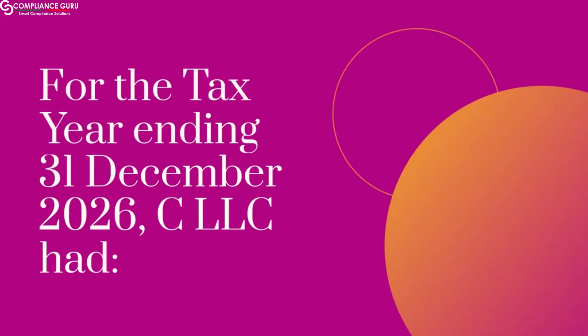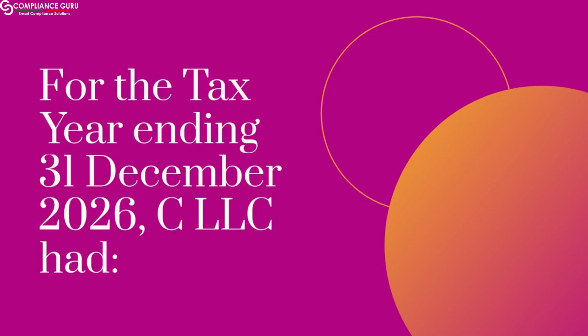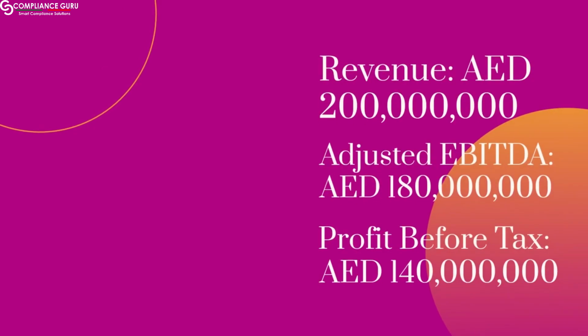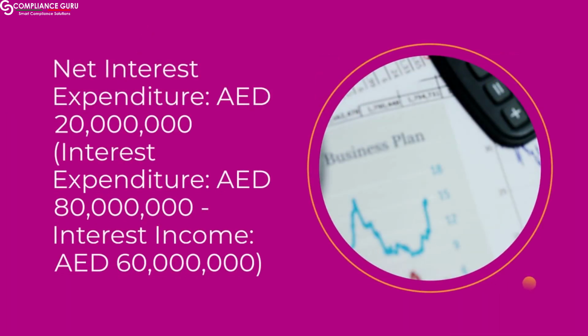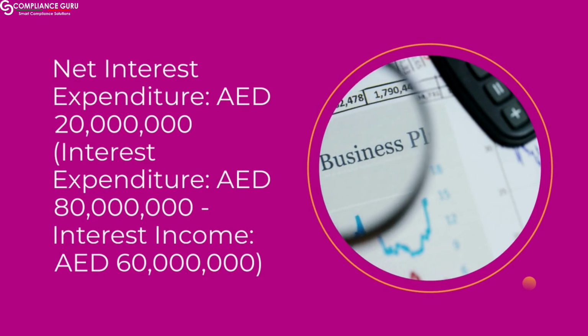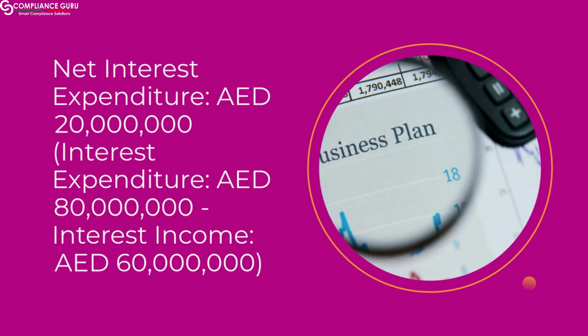For the tax year ending 31st December 2026, CLLC had revenue AED 200 million, adjusted EBITDA AED 180 million, profit before tax AED 140 million, net interest expenditure AED 20 million, interest expenditure AED 80 million, interest income AED 60 million.